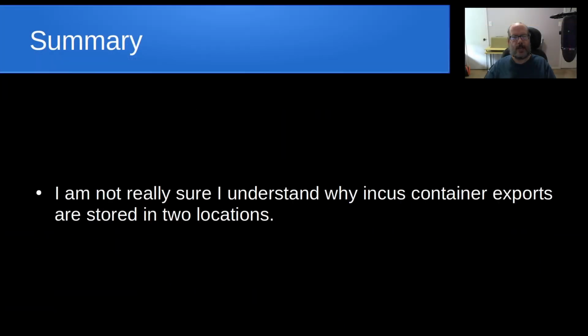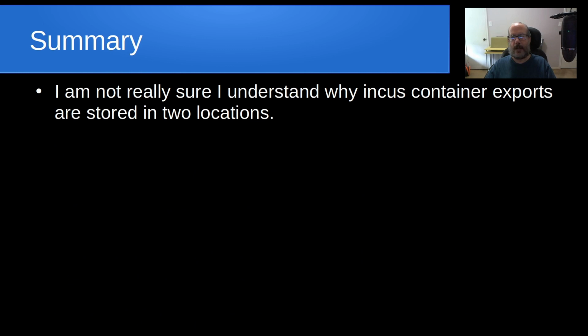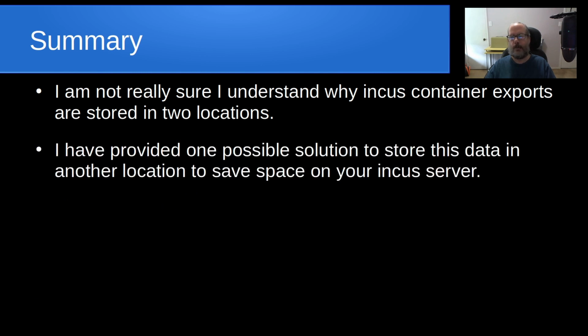So in summary, I'm not really sure I understand why the Incus container export commands are stored in 2 locations. I have provided one possible solution to store this data in another location to save space on your Incus server.